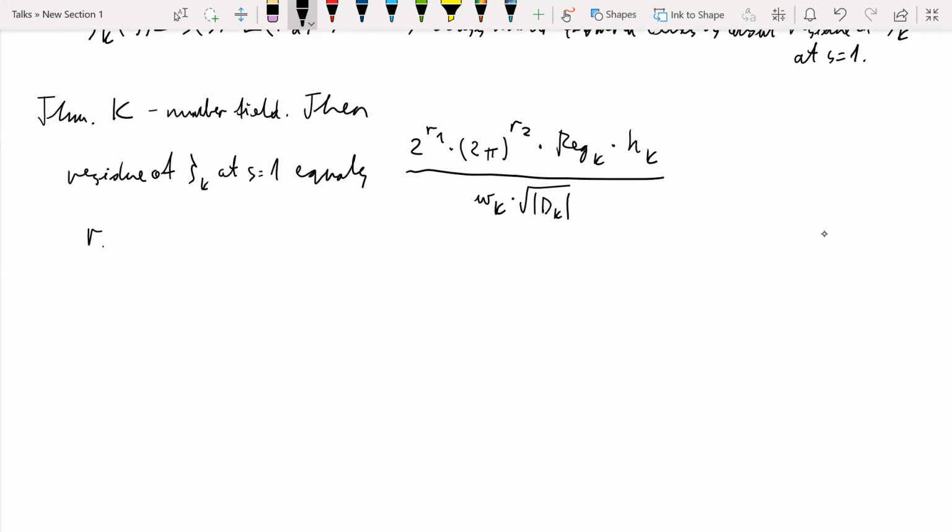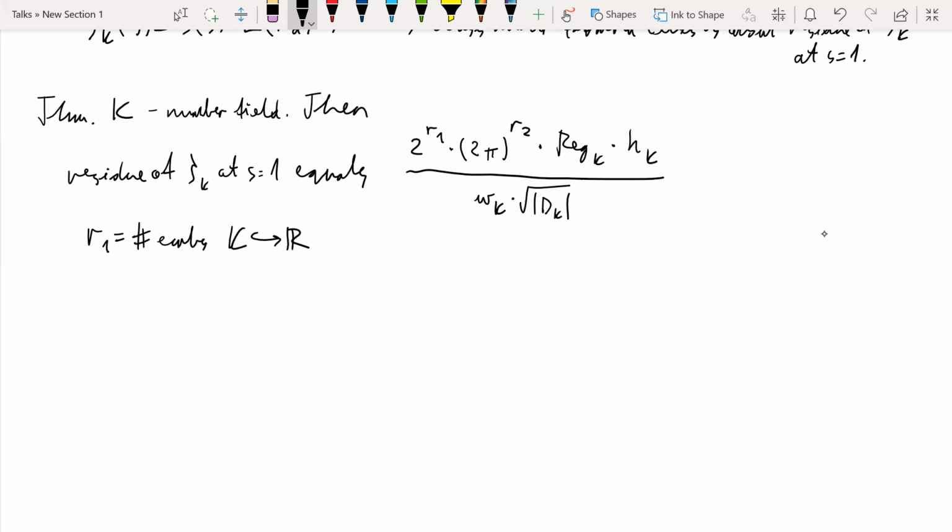So r1 is equal to the number of embeddings from K into R. And r2 is similar, but for other embeddings, those which don't land in real numbers.